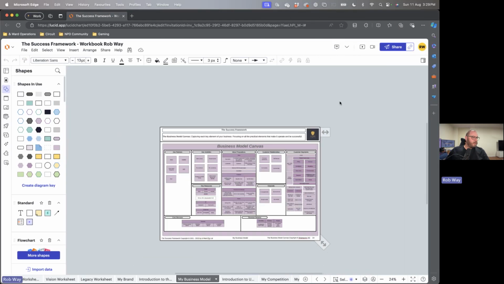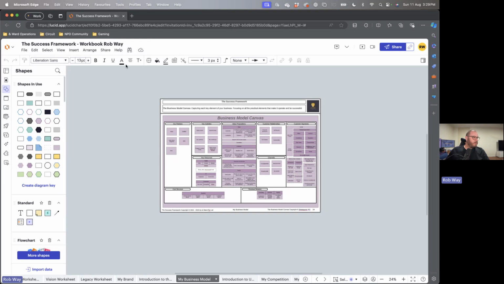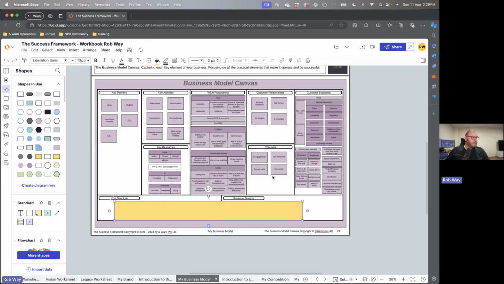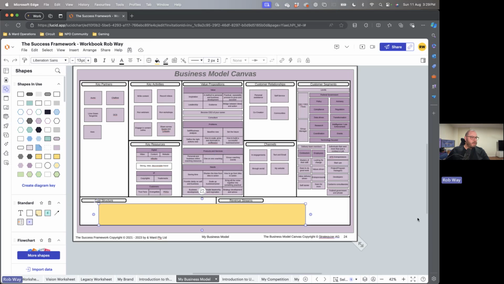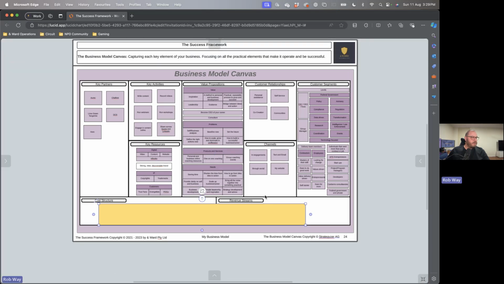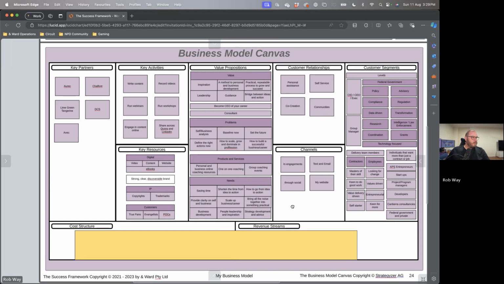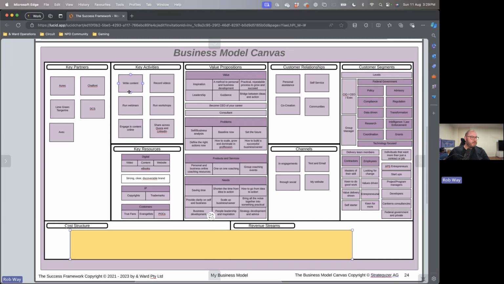And so I'm keeping it out for now. You don't necessarily need to see my cost structure and revenue streams, but what you can see here, and if I minimize that, you can see key partners, key activities, key resources, value proposition, customer relationships, channels, customer segments. And so this is what it can look like.